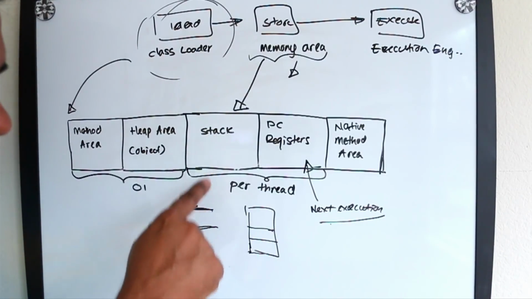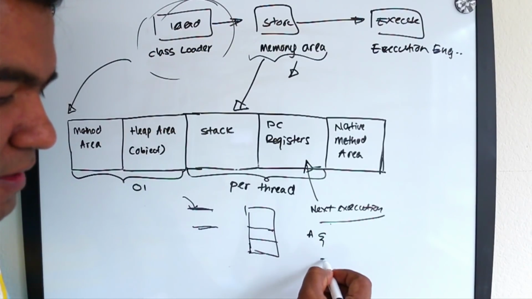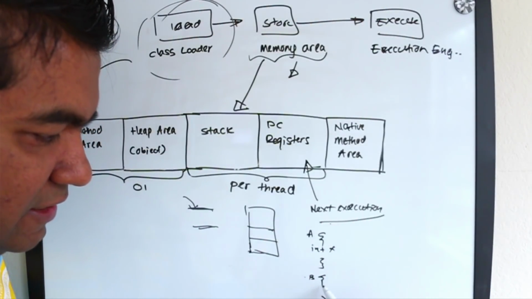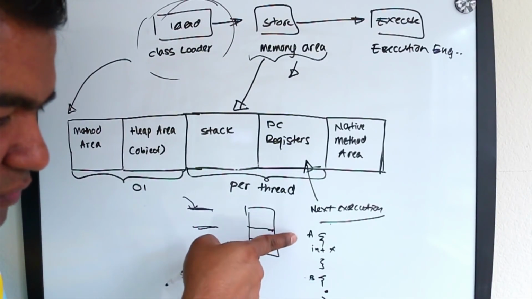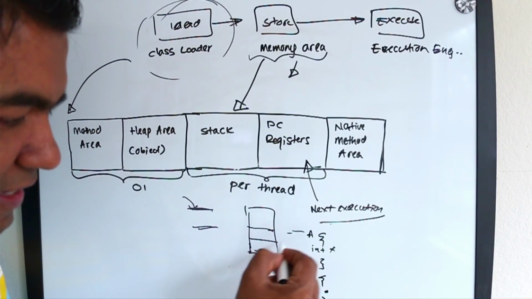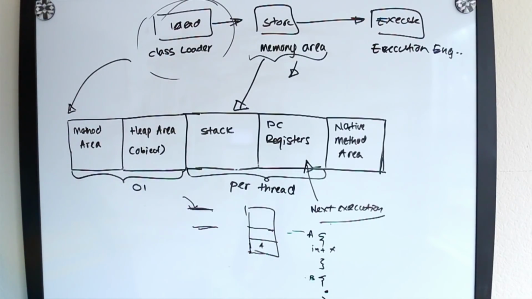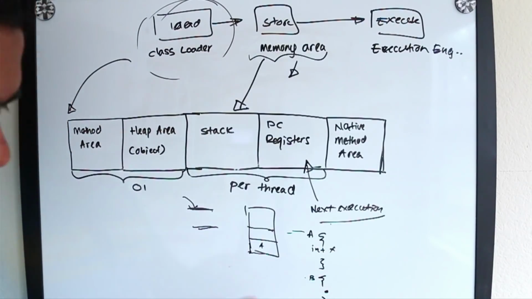That is the reason why, let's say you have a method A and a method B. If you have a variable int x in method A, you can't access int x from method B. The reason is, when you invoke method A, it will create a new frame for method A. But when you exit from method A, this frame will be taken out from the stack.